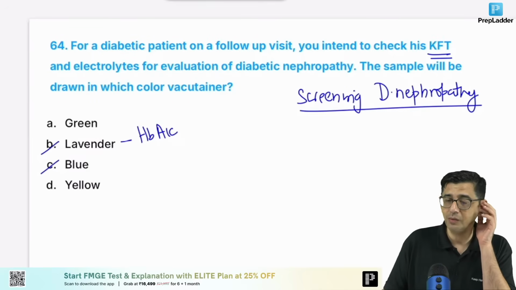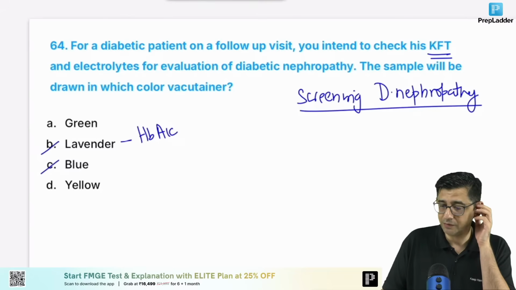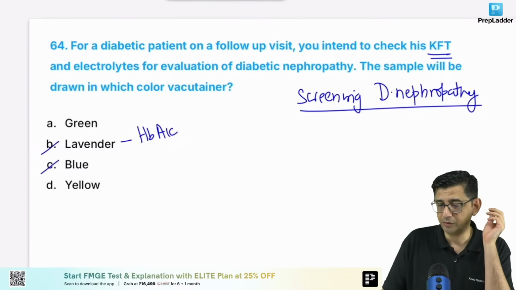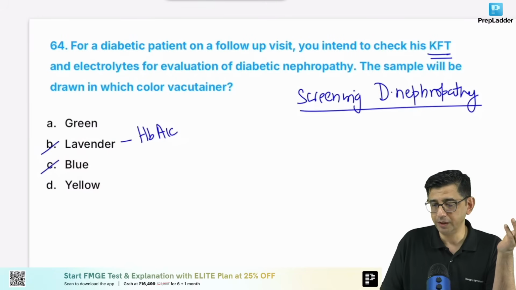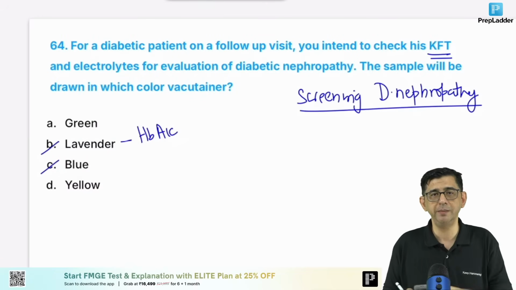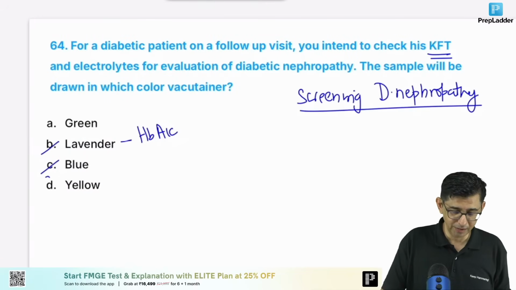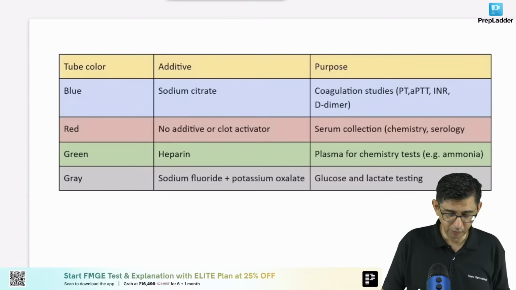Simply, you are doing a sample evaluation and then you have to check for the electrolytes in the patient. Yes, the correct answer in this case would be a yellow tube that I can be using here. I think we took too much time trying to solve that question, but it is a red or a yellow that we can be using, and moving ahead.